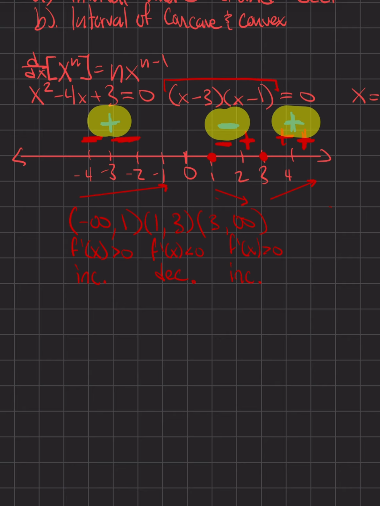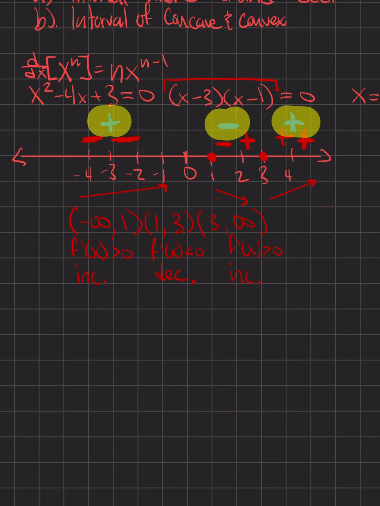So what we need to know is that whenever you see a function swap from increasing to decreasing or decreasing to increasing, that must mean that at some point the derivative of our function is going to equal 0, which means it's either a maximum or a minimum. Now, if it goes from increasing to decreasing, that means you're going to have a maximum point. But if it goes from decreasing to increasing, that means you're going to have a minimum point.